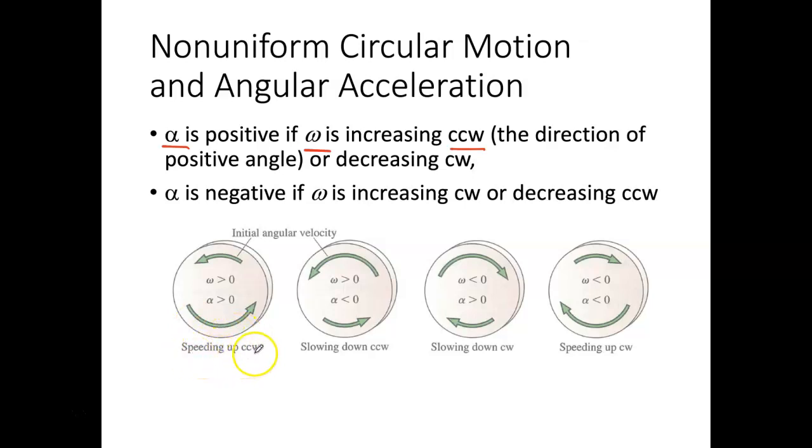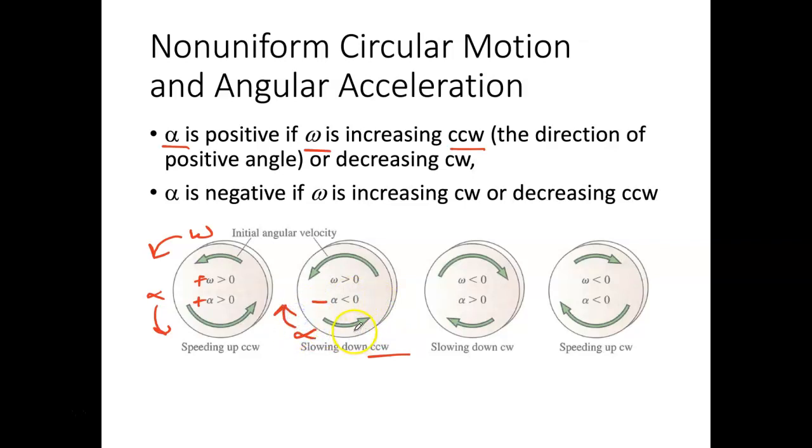So I'm speeding up counterclockwise. So this is positive and this is positive. If I am slowing down counterclockwise, which means that my acceleration is now less, my acceleration is going in this direction. So sometimes I like to do this. I know that my angular velocity is going in that direction, and my acceleration is going in that direction. Here, my acceleration is going in the opposite direction.